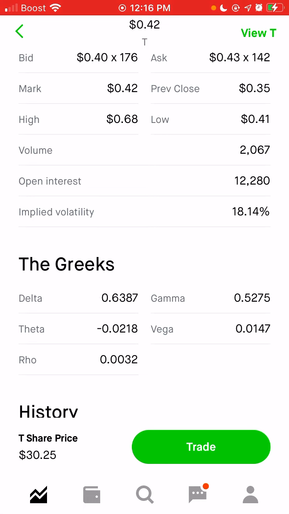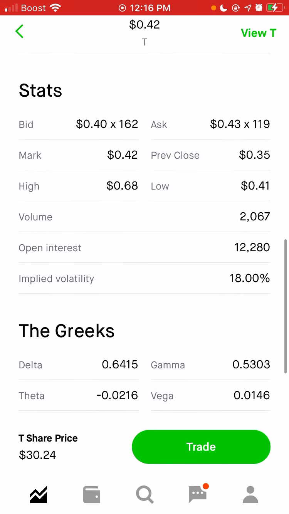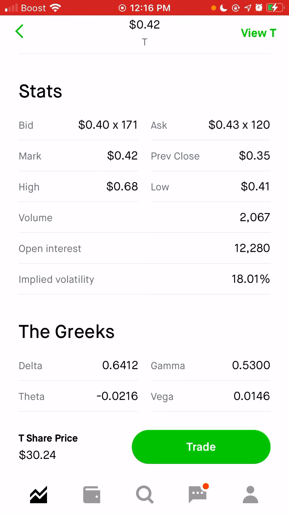This time we have a positive delta because it is a call option. Call options are going to have a positive delta. And then we have a gamma behind that, which means after the first dollar, so we go from 30 to 31, the contract gains $64. We go from 31 to 32, the contract gains $52. That's how that's done. Implied volatility of 18%.